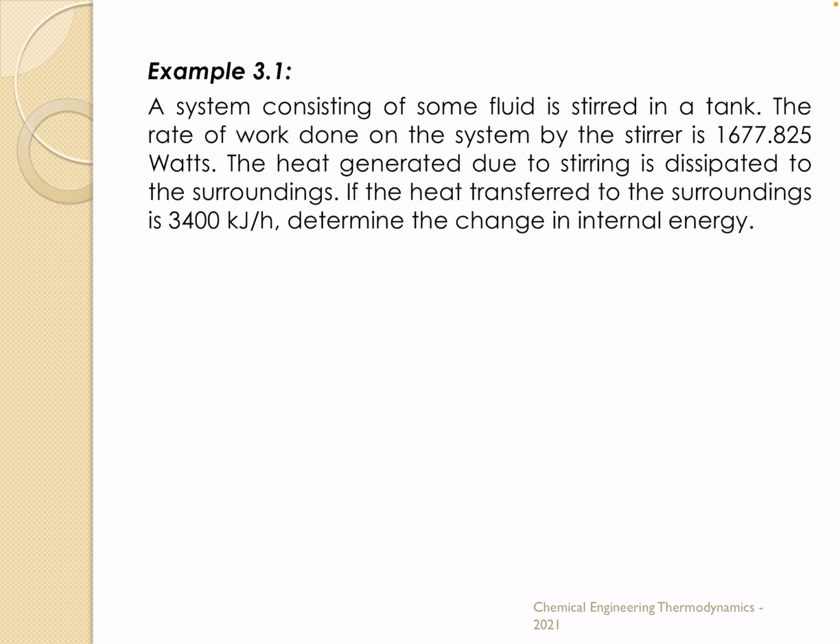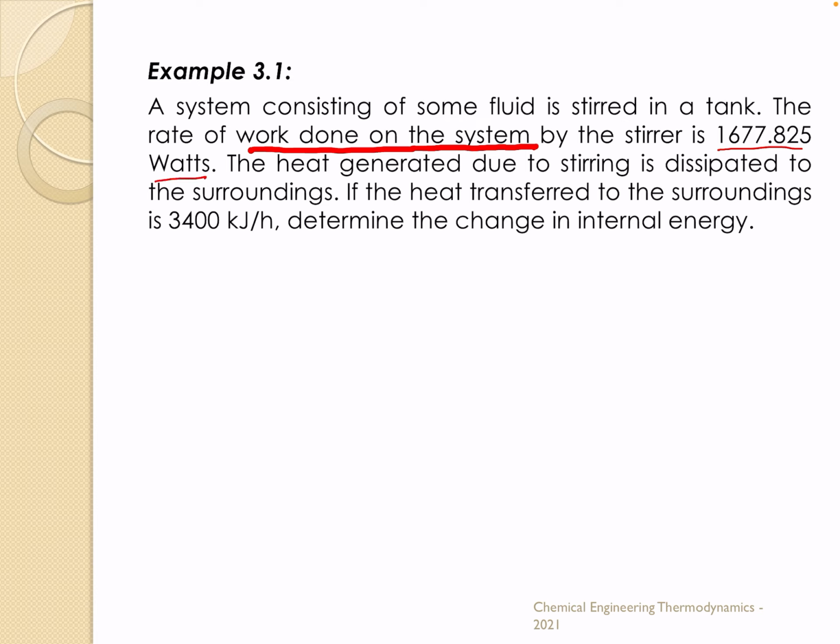So our example 1 says a system consisting of some fluid is in a stirred tank reactor. The rate of work done on the system by the stirrer is given. Take note, work done is on the system. Work is in watts.